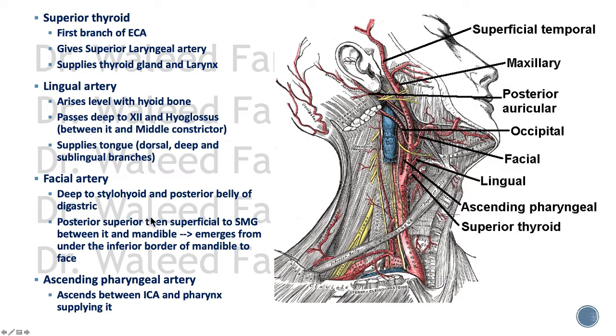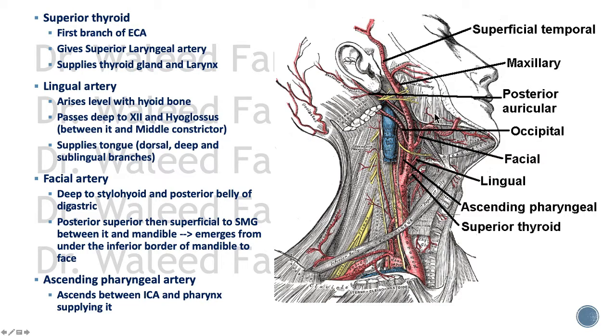The facial artery. The facial artery is deep to stylohyoid and posterior belly of digastric. It has a zigzag course. It goes upwards toward the submandibular gland and is related to its posterior surface, then superior surface. Now it's hidden by the mandible.